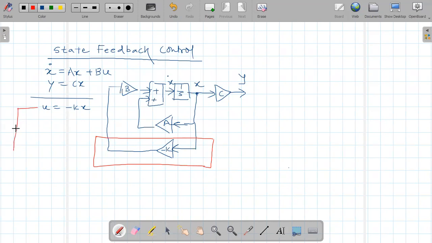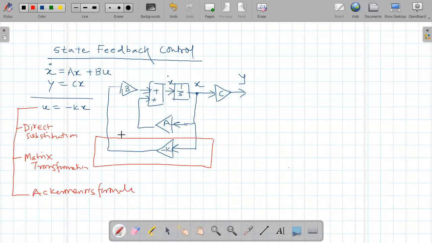And for that, we have seen three methods: direct substitution, matrix transformation, and Ackermann's formula.